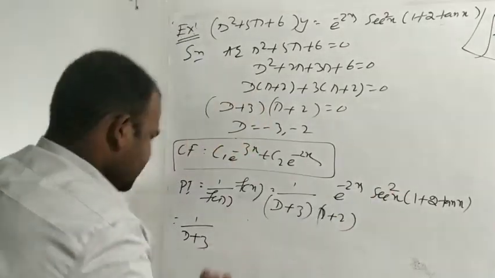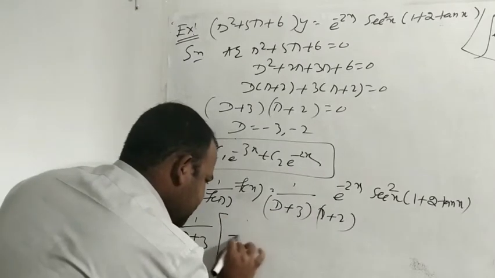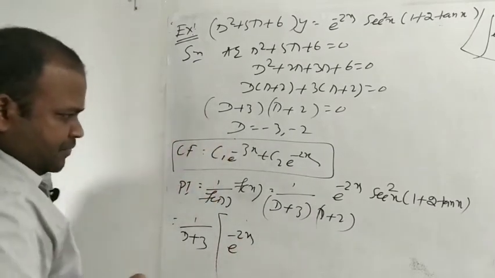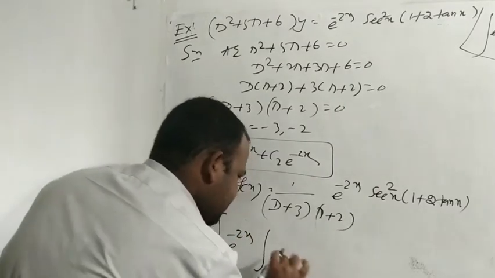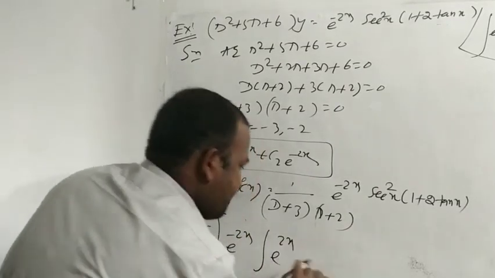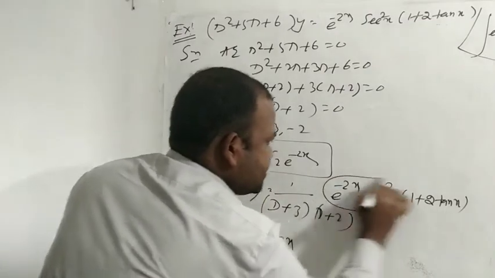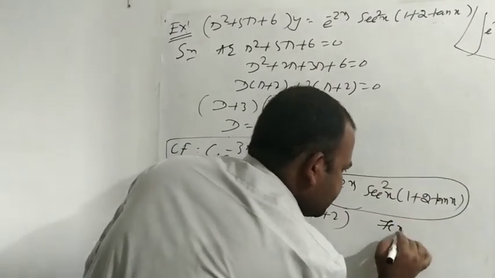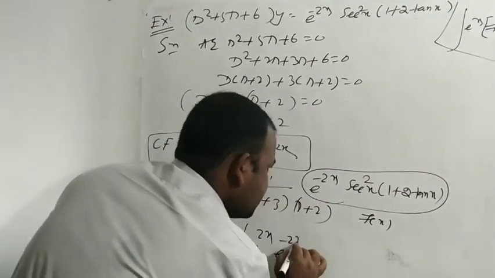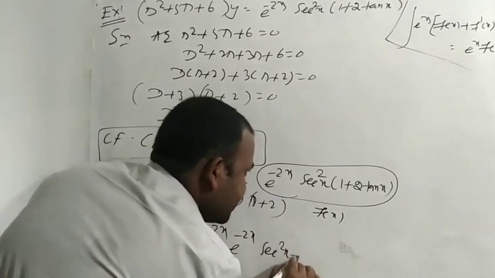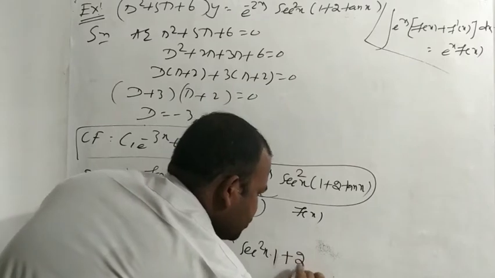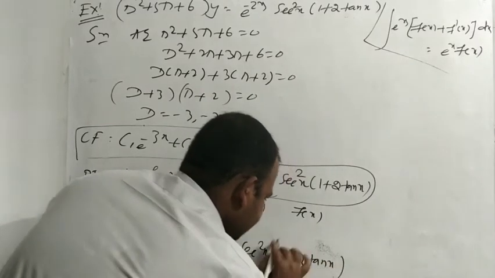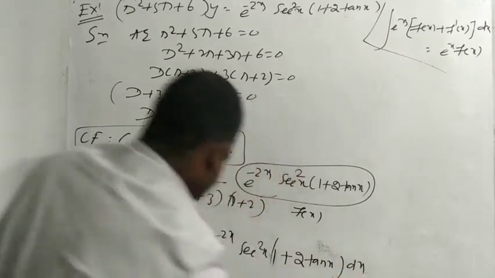1 upon D plus a, f of x equals, put the formula, e raised to minus ax integration of e raised to ax f of x. Now this is f of x. So e raised to minus 2x sec square x into 1 plus 2 tan x dx.